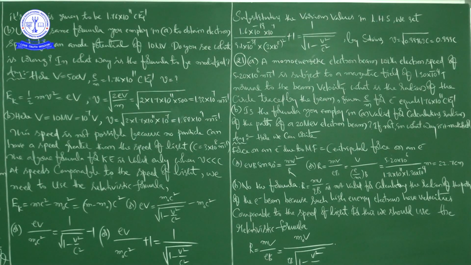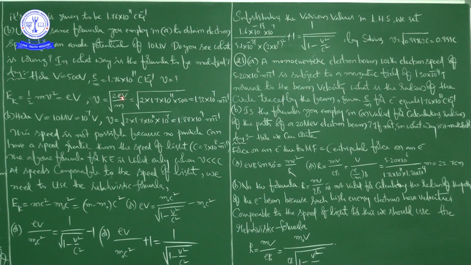Next one, that is B. Here they changed the potential difference to 10 million volts, so you can write it as 10 to the power of 7 volts, because it is 10 to the power of 6 for mega. Now the same formula we used here, you have to use.